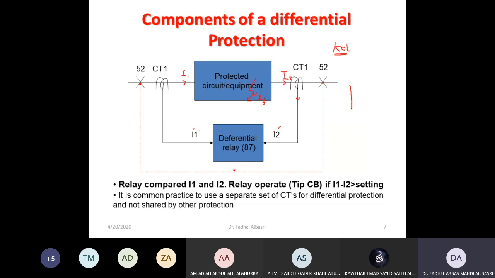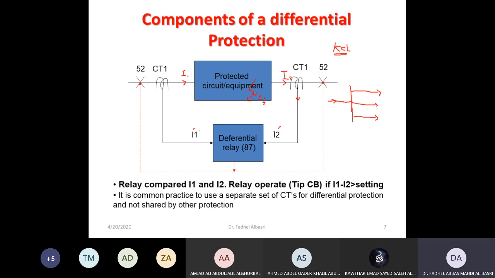It could be a bus bar. Suppose I have 3 circuits leaving the bus bar. These are the feeders leaving, and I have 1 input.